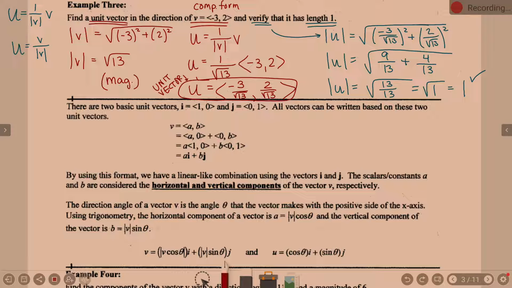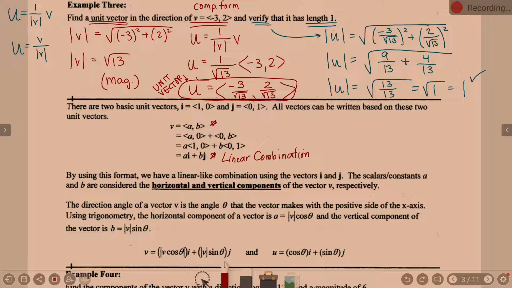And then if you factor out the a and factor out the b, it's a times the unit vector 1, 0 plus b times the unit vector 0, 1. Well, again, 1, 0 is known as i, 0, 1 is known as j. And so another form, besides the component form up here, is this form right here, which is referred to as a linear combination.